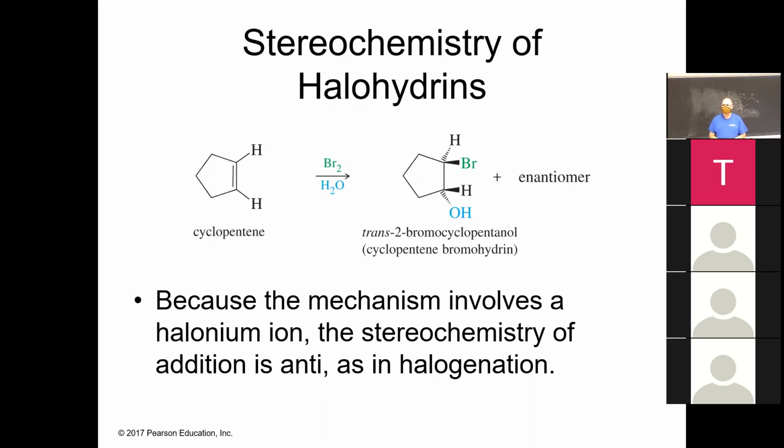And so you have a few bromide ions, but you have a lot of water molecules. And the large excess of water molecules will overwhelm any minor contribution from bromide ions. So water is your nucleophile, just because you have so many more water molecules.